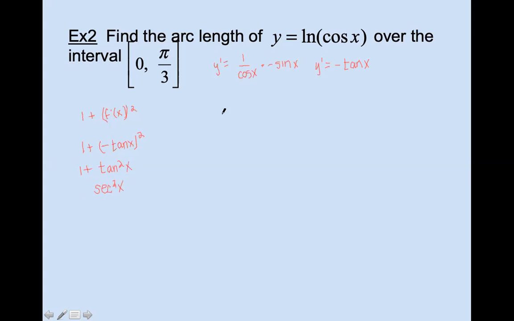All right, so we're going to set up our integral. Our arc length is going to be the integral from 0 to pi over 3. And remember, I already took care of our 1 plus, so 1 plus tangent squared x is secant squared x.